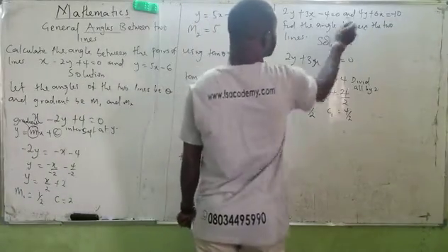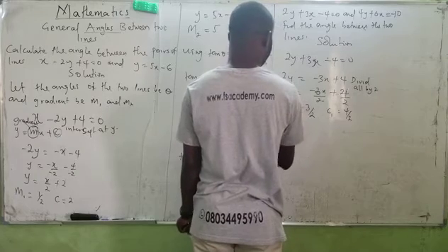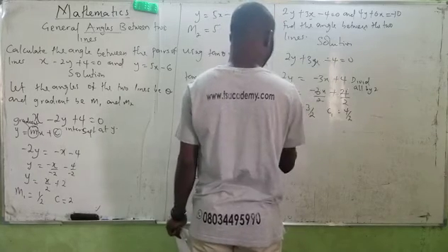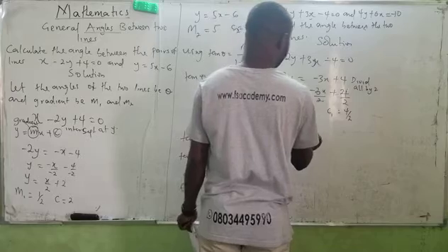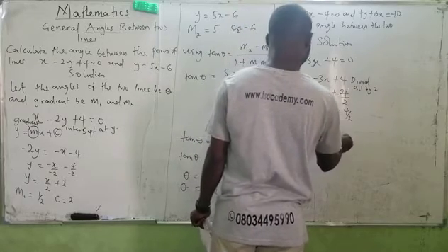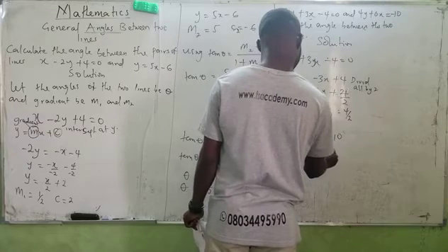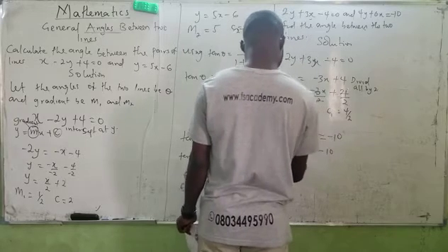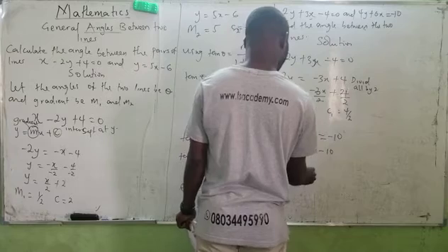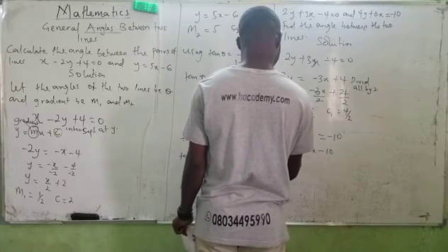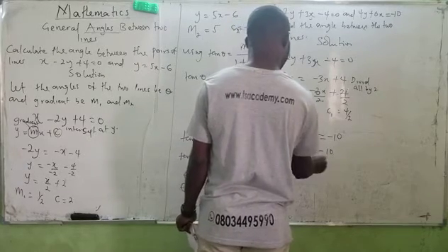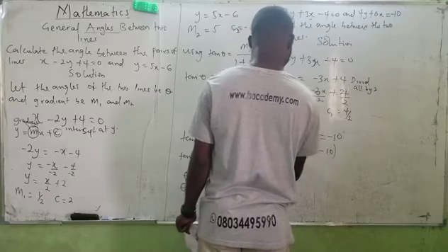Now, since I've gotten that, I will now move on to my line 2, which is going to be what? 4y plus 6x equals to minus 10. It means 4y equals to minus 6x minus 10. Now, y will be equals to, when I divide both sides by 1 all over 4, this will cancel this.